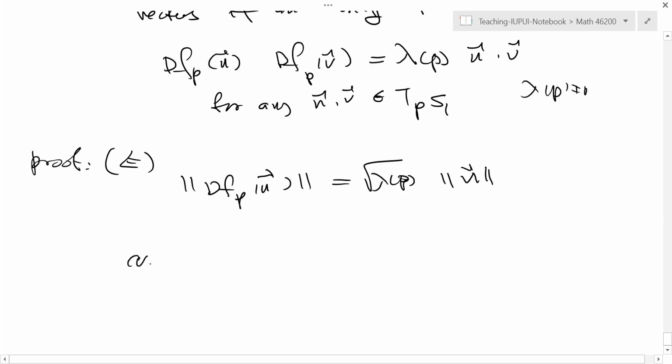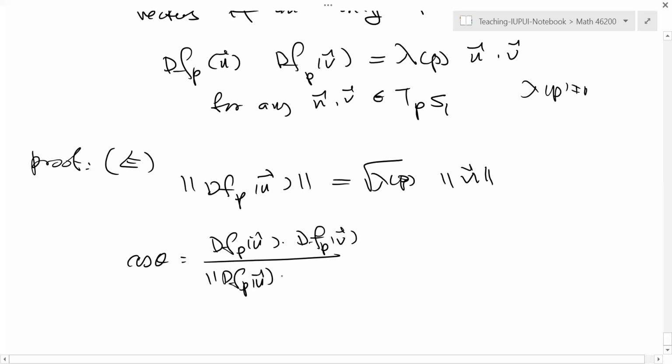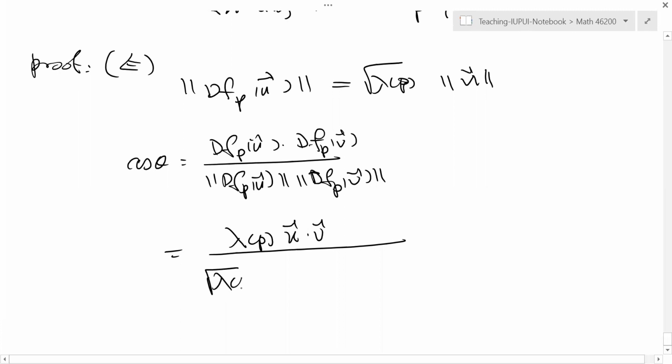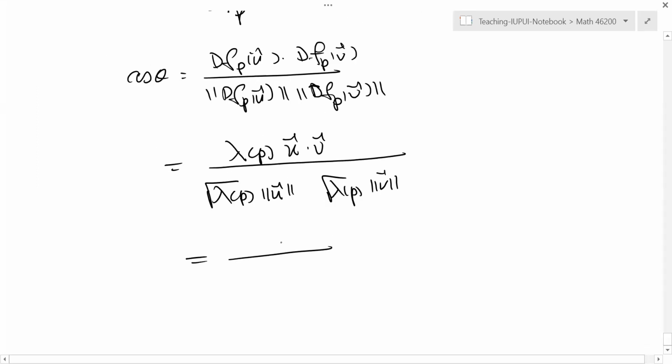So the cosine of the angle theta between the two images, by definition, is the inner product of dF_p(u) and dF_p(v) over the product of their lengths, by the above equation, and lambda p is clearly canceled out.